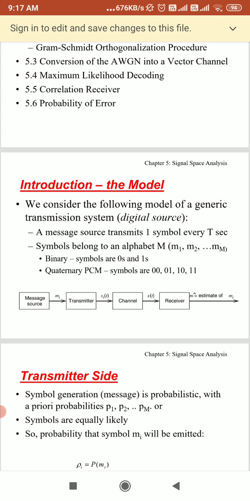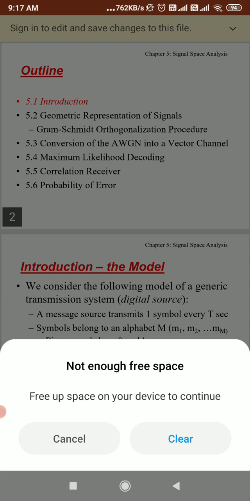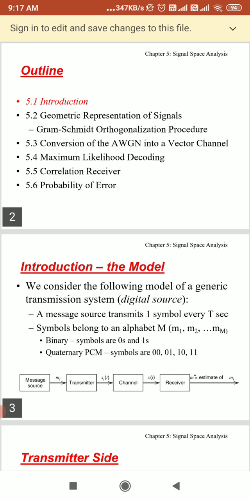So here we can start now from the baseband receiver, in which our first topic is geometric representation of a signal. When we are using signal processing applications, we have seen they involve decision making at some stage.